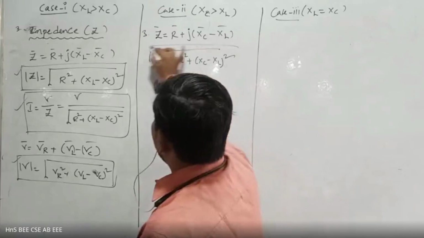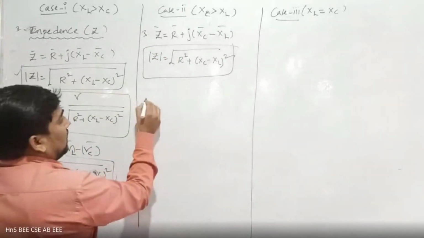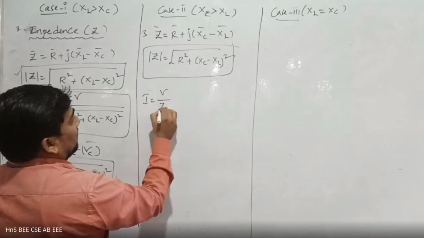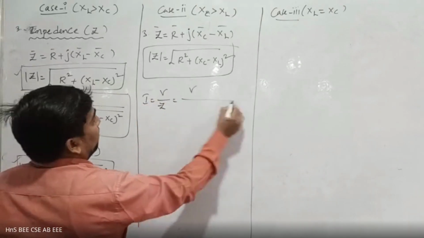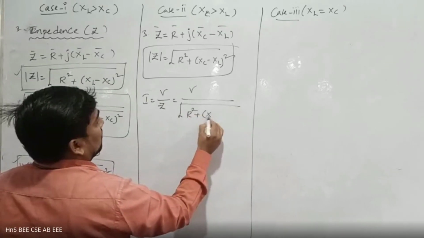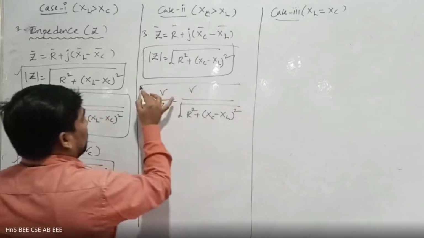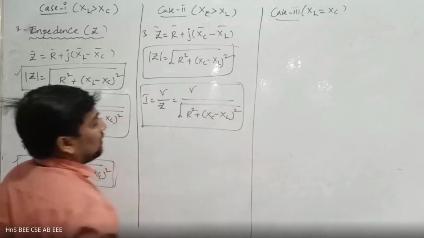Okay, this is the first important formula in case number 2. And in terms of Ohm's law, I equal to V by Z, that is equal to V by under root of R square plus XC minus XL whole square, in terms of voltages and impedance.